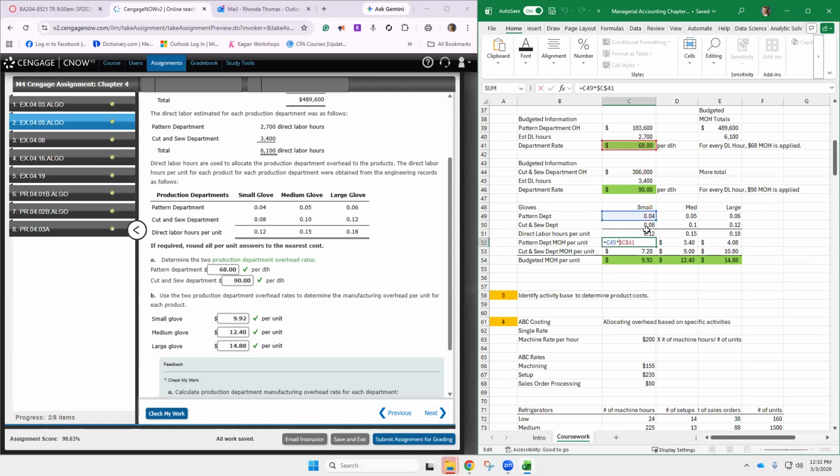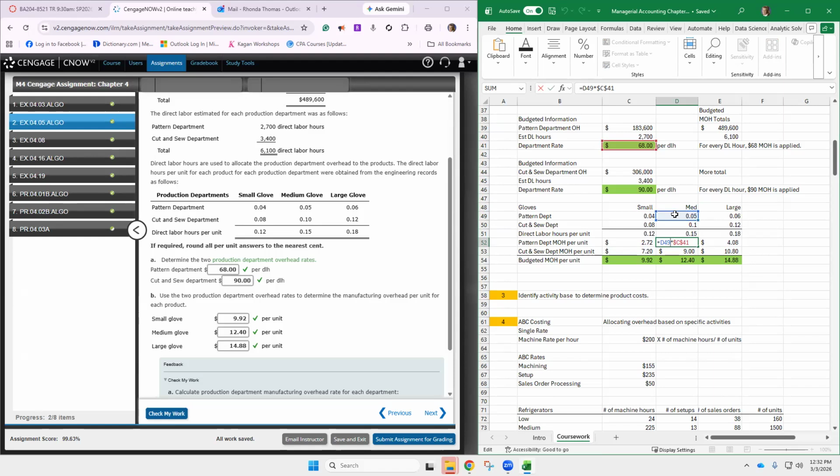So we take 0.04 of an hour times $68, and we get $2.72. Let's stay with the pattern department because we're going to use the same rate. Then we're going to take 0.05 hours for making gloves.